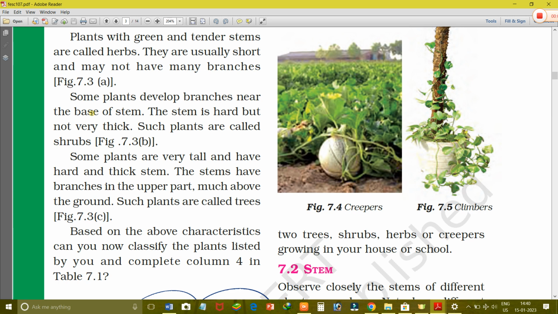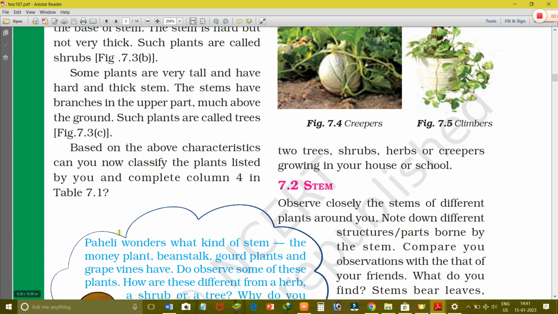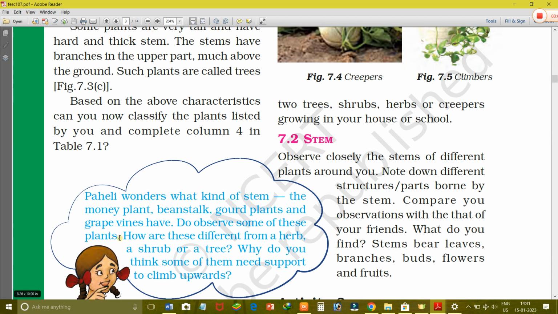Based on our characteristics, can you now classify the plants listed by you and complete column 4 in table 7.1? Paheli wonders what kinds of stem the money plant, the creeping plant, and the grapevine have.